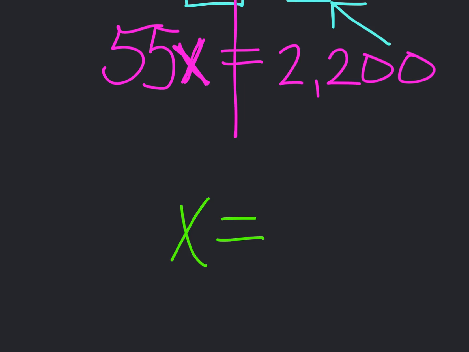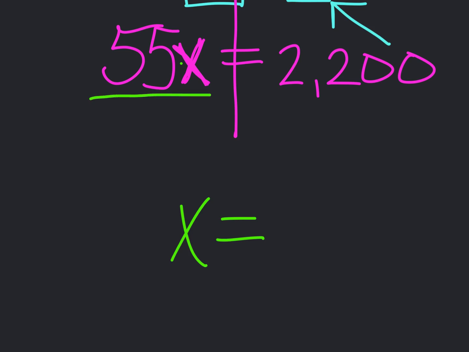Okay, so this is what we're going to do in our last step. We always want to get our variable in isolation. So right now, what am I doing? I am multiplying x by 55. Well, what is the opposite or inverse operation of multiplying by 55? The opposite of multiplying is going to be to divide.